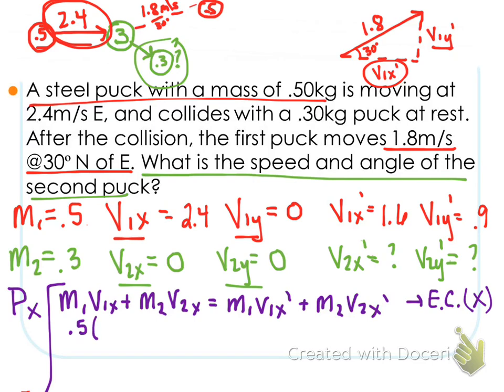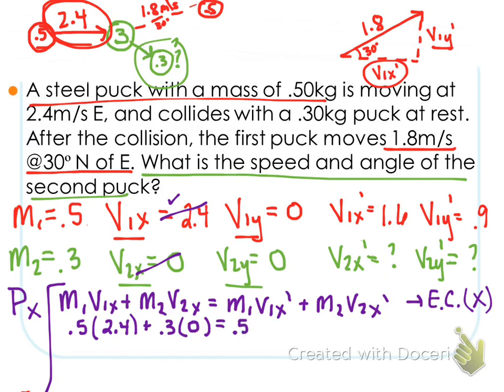All right, so I take M1, which is 0.5, V1x, which is 2.4, plus M2, which is 0.3. Our initial velocity, V2x, is what? 0. Okay, if it helps you to cross off the numbers after you put them in, that way you can identify what variables you've used and what ones you haven't, that's fine, you can do that.